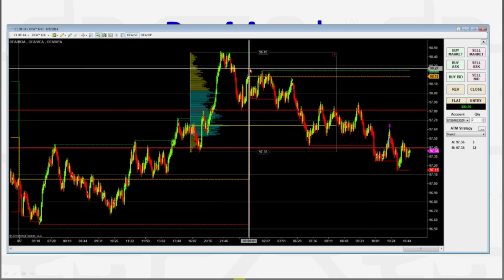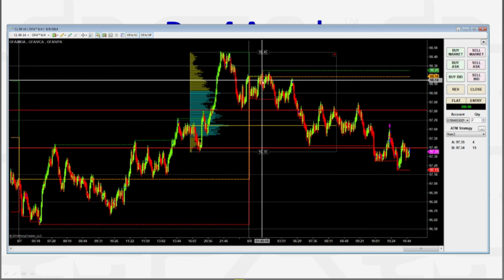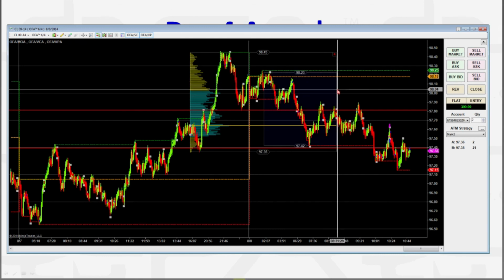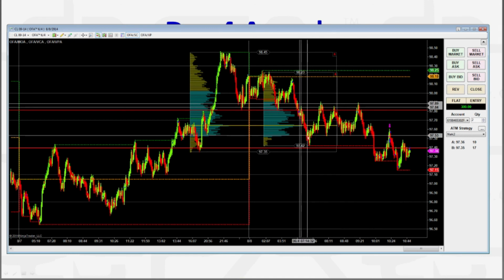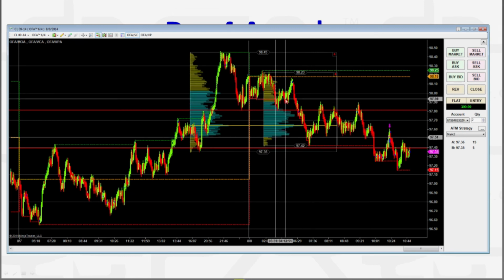Now, if you wanted to, you could draw the profile. I'll just show you the difference. If you drew the profile from the start of the Globex session, you might see something different. But when I look at high volume areas, they're the same. When I look at low volume areas, that's the same.